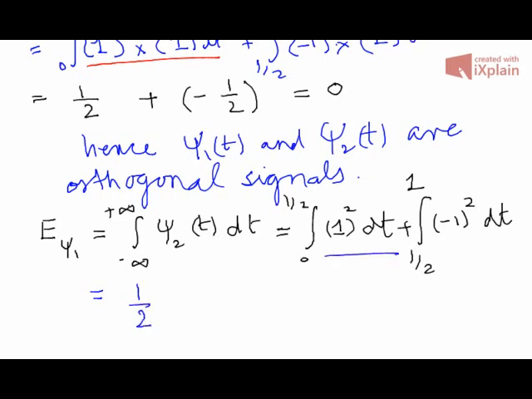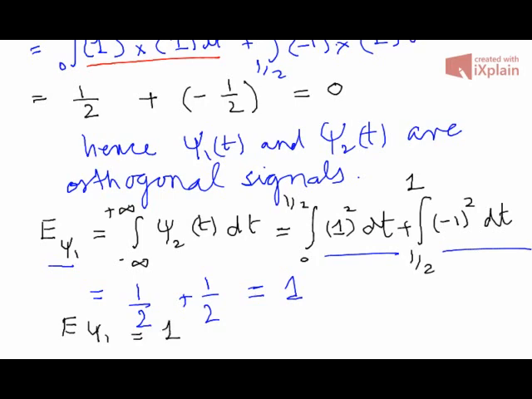Similarly, from that one, I'll get half. So it is unity, half plus half. Half plus half is unity. Now the energy of this signal is unity. It's verified that the energy of psi 1 is unity.